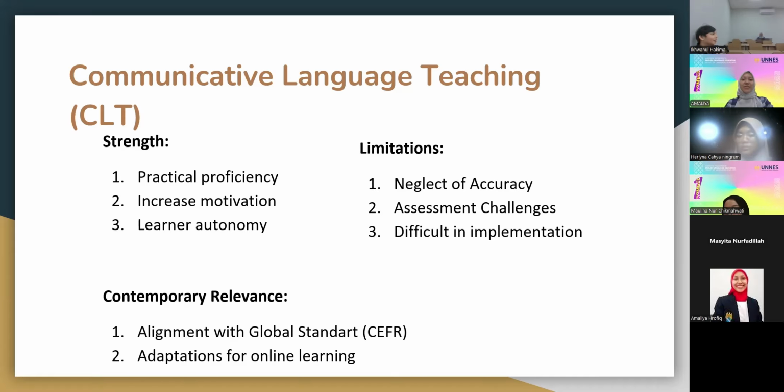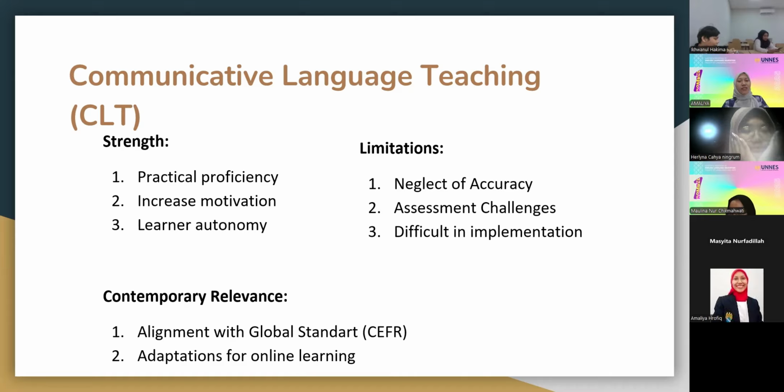All right, the strengths and the limitations of communicative language teaching. The first one is the strength: practical proficiency. Once again, communicative language teaching emphasizes how learners practice their English proficiency in speaking, communicating, and producing what they think and need to say. Then the second is increased motivation. Why?